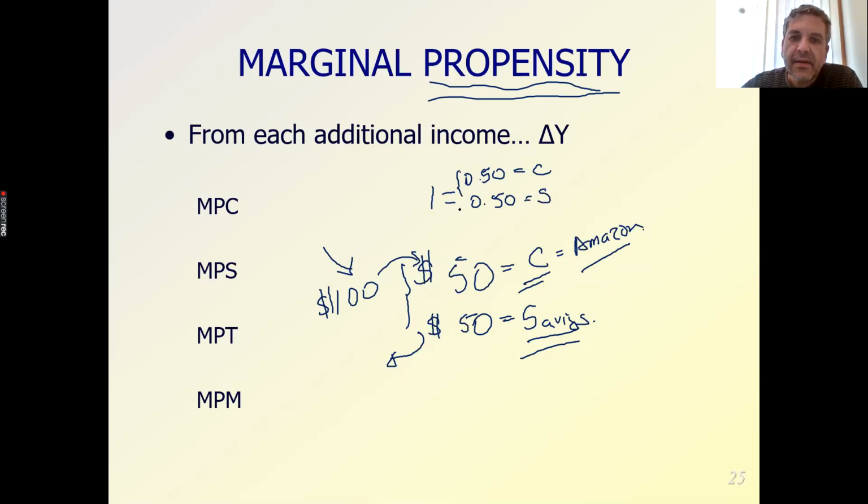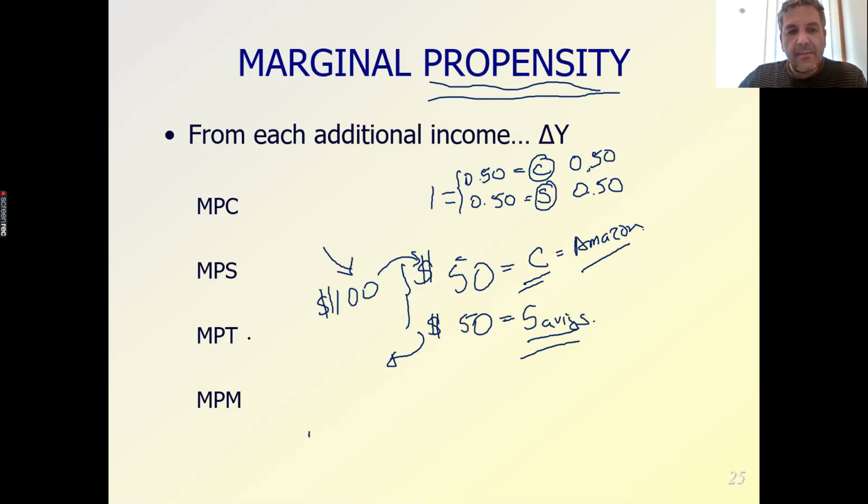So for each dollar that you receive, this is how it is being distributed in a general manner. We're just trying to put the mathematical concept here. So the marginal propensity to consume is 0.5, and the marginal propensity to save is also 0.5. For each dollar, this is the marginal propensity value.